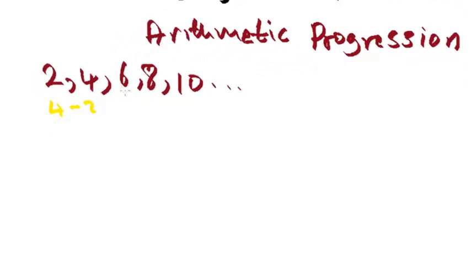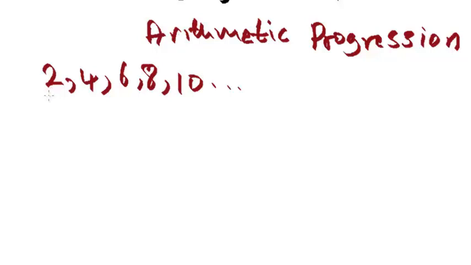Then we have 6 minus 4 to be 2, 8 minus 6 to be 2, then 10 minus 8 to be 2. So basically the differences are the same, and we call that difference the common difference. So any sequence at all that has a common difference is what we call linear or arithmetic.